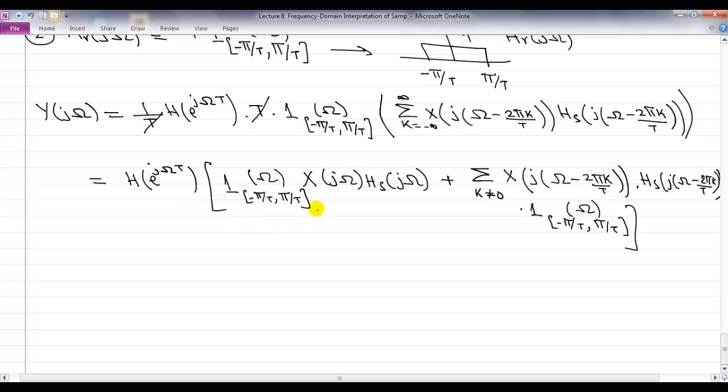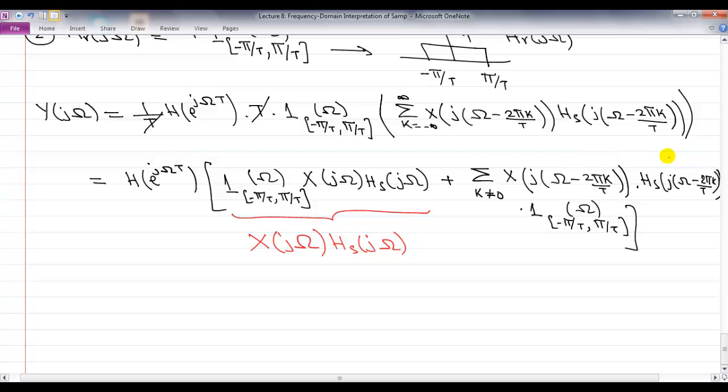Okay. If we now look at this part, of course X and Hs go up to pi by T but no further, right? And this one indicator function is from minus pi by T to pi by T. So this is simply equal to X(j omega) Hs(j omega).